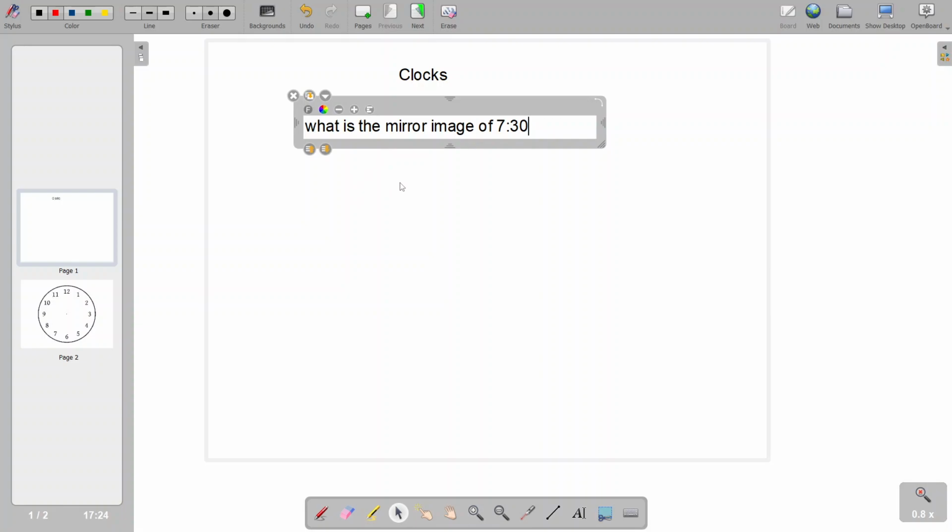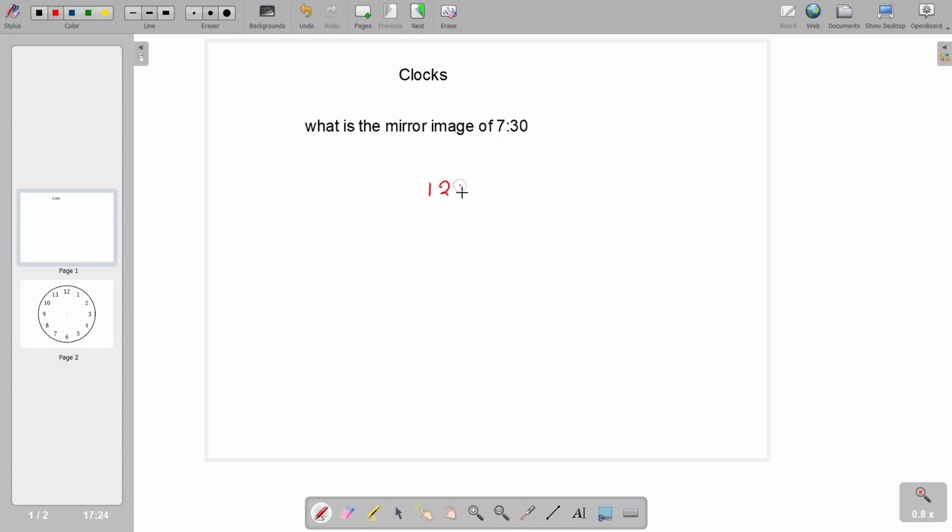For finding the mirror image of 7:30, we need to subtract from 12 hours, or you can take 11:60.